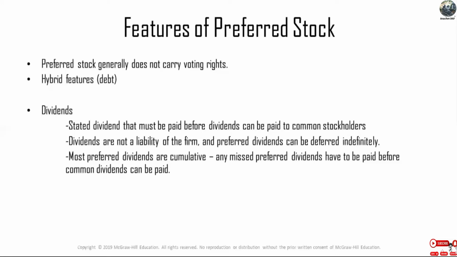Dividend. Here, stated dividends must be paid before dividends can be paid to common stockholders. The preferred stockholder always gets preference before the common stockholder.